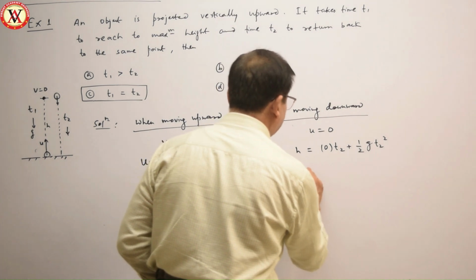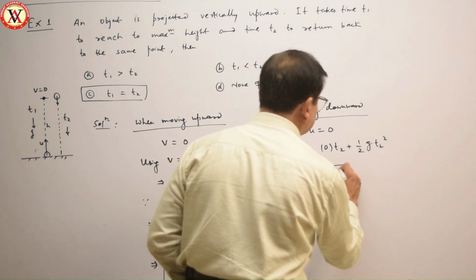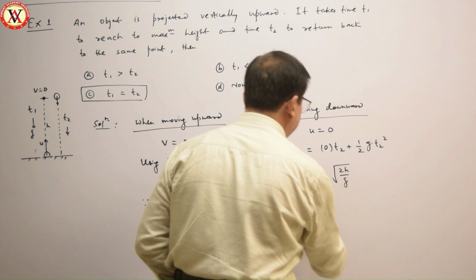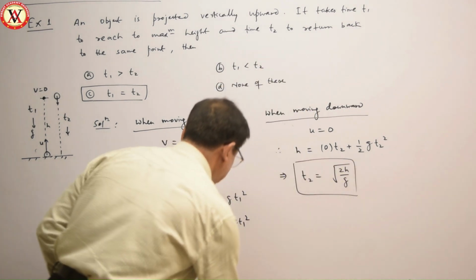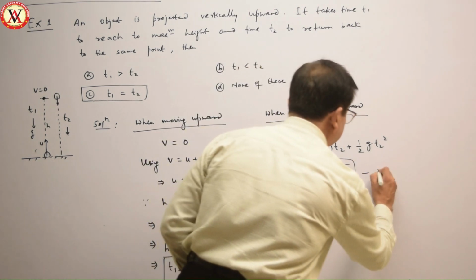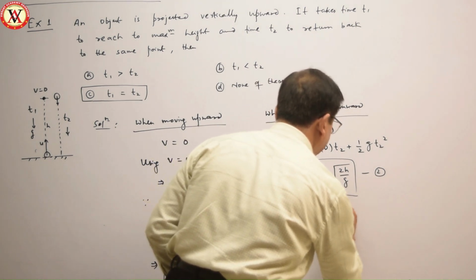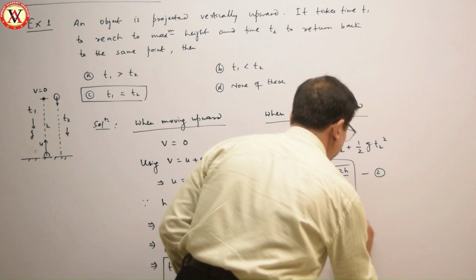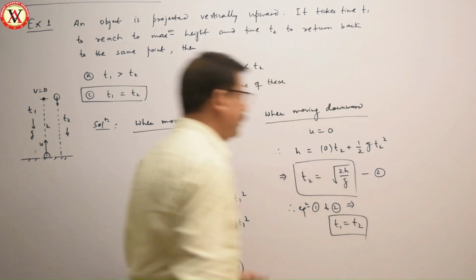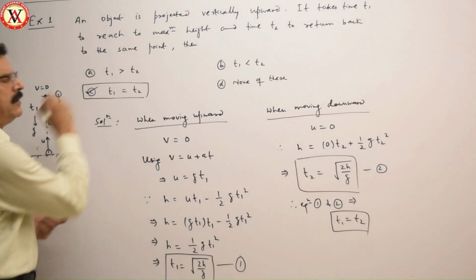So this gives you again t2 equal to under root 2h by g. So what do we observe from equations 1 and 2? Both are equal, t1 equal to t2. So it's very easy to understand why these two are equal.